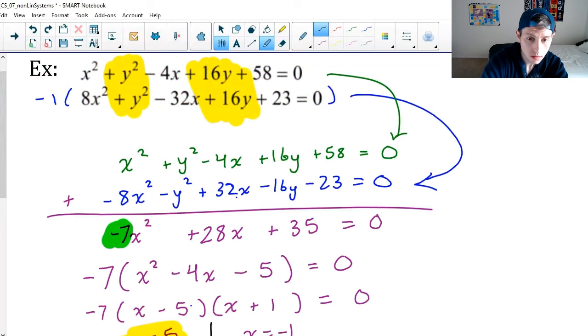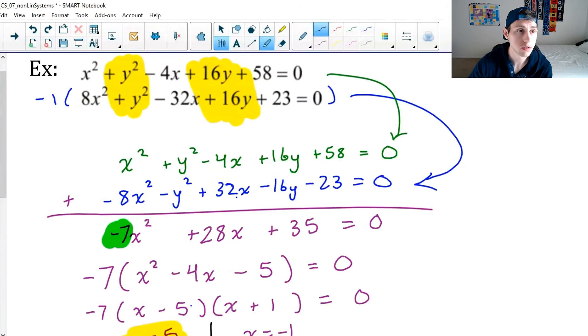And then 8x squared plus y squared minus 32x plus 16y plus 23 equals 0. All right, so here's the 2 curves. So we have an ellipse and a circle that are intersecting each other. And where is it they're intersecting? Negative 1, negative 7; negative 1, negative 9; 5, negative 7; and 5, negative 9, which is exactly what we found.